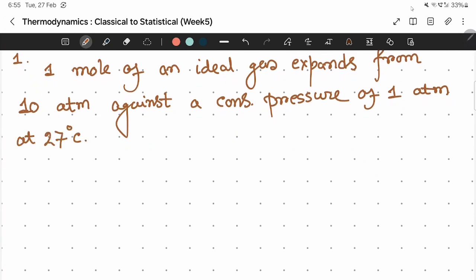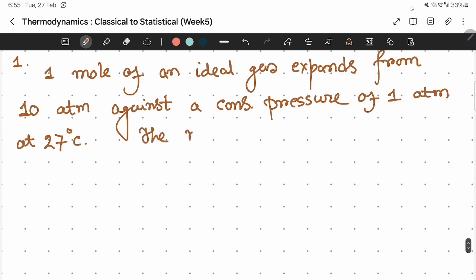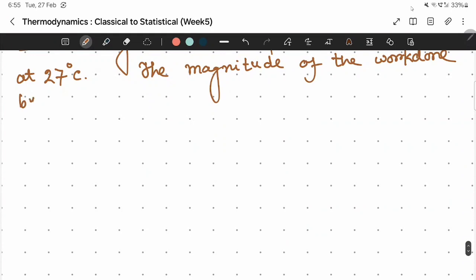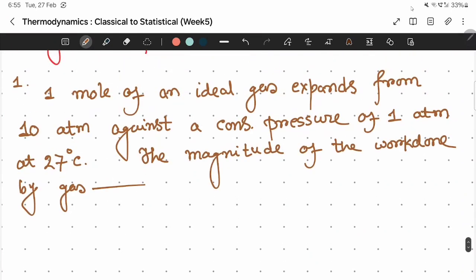Now the magnitude of work done by the gas, this we have to find out.